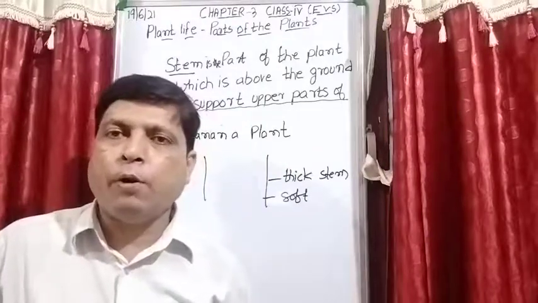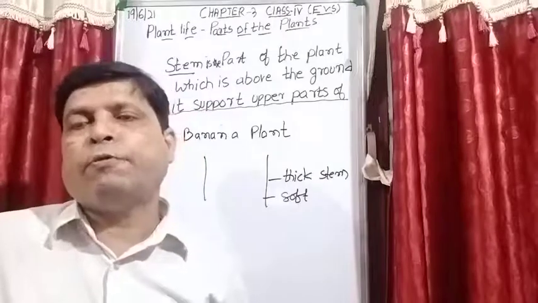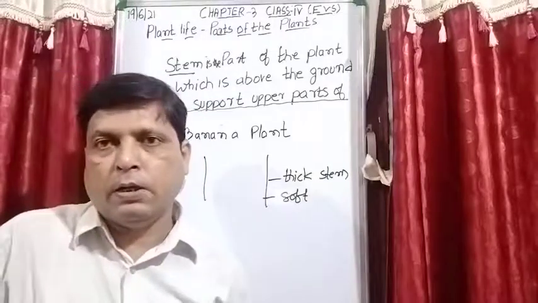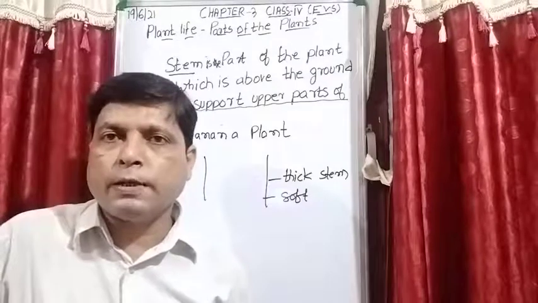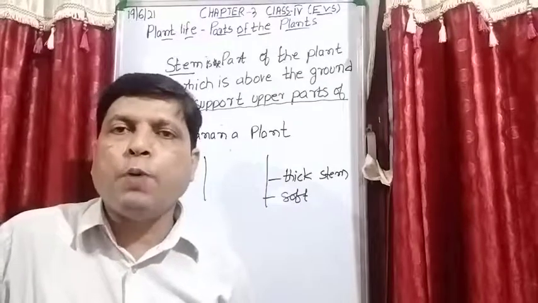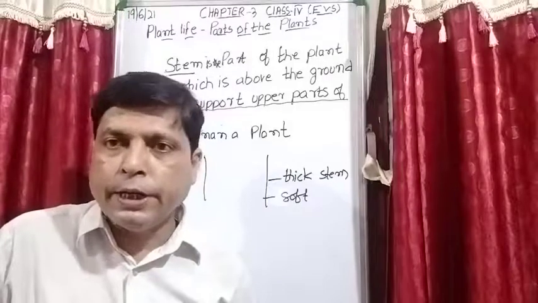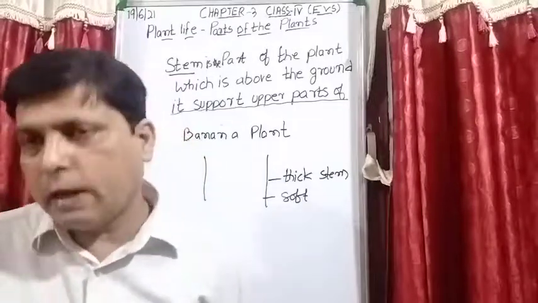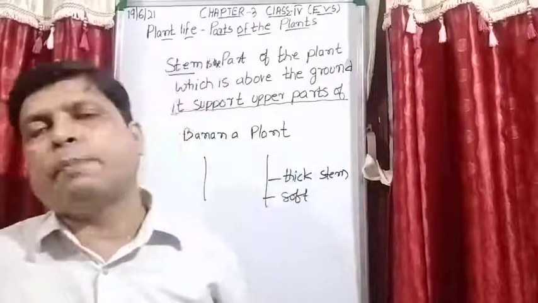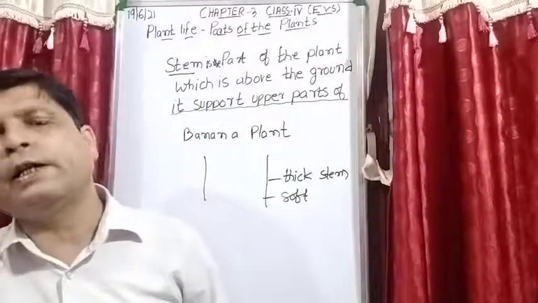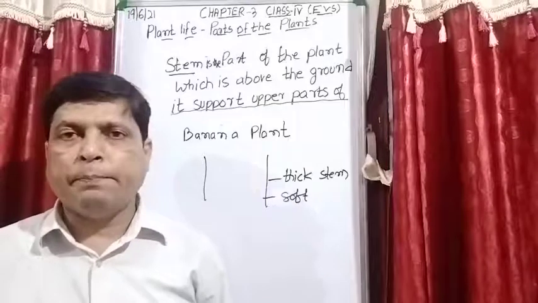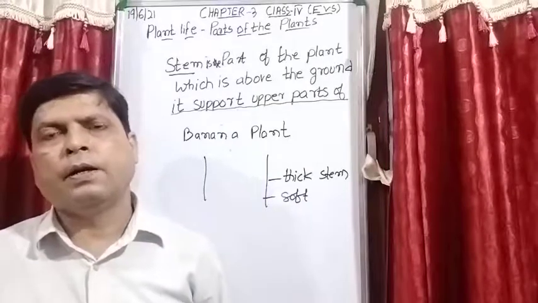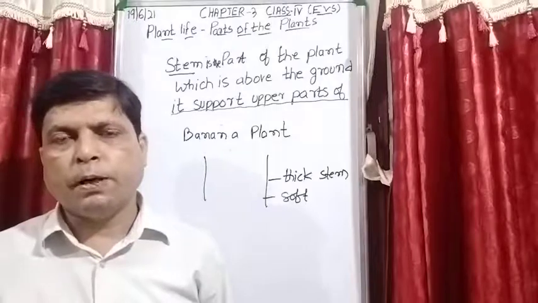For example, I have already explained the example of a money plant. Their stem is very weak and soft, so to move up they need a support. These types of plants take the support of a wall, or even the support of some other plant. Examples of climber plants are grapevine and money plant.